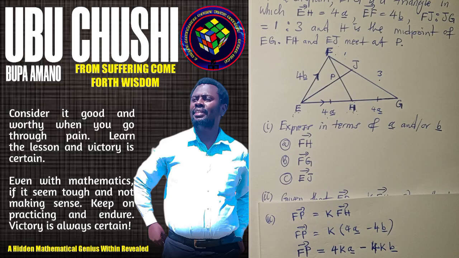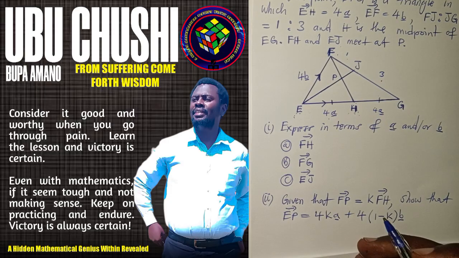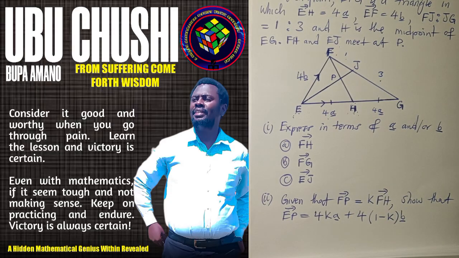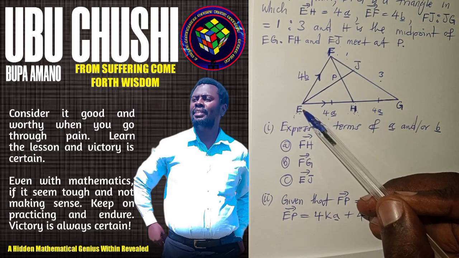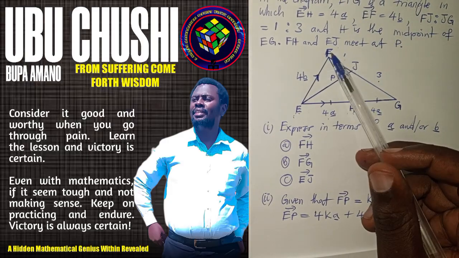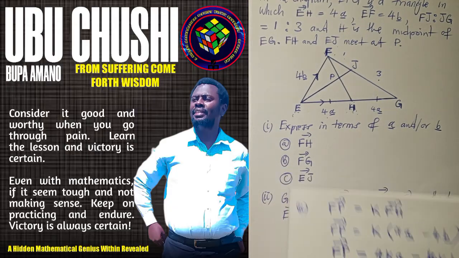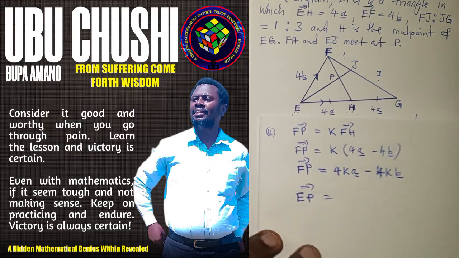So now, remember that for us to have been given FP, it means even in the question or in what we need to show, make sure that FP should also appear in it. Okay, so from E to P, the root should be, we can have EF plus FP. So EF plus FP. So we can say that there is FP. Yes.